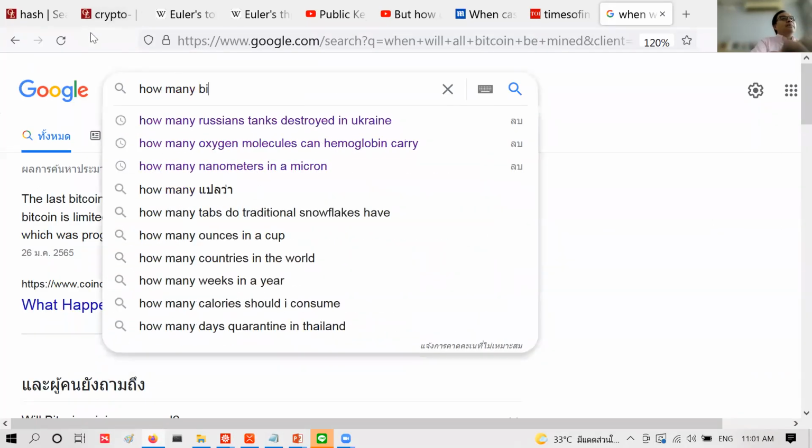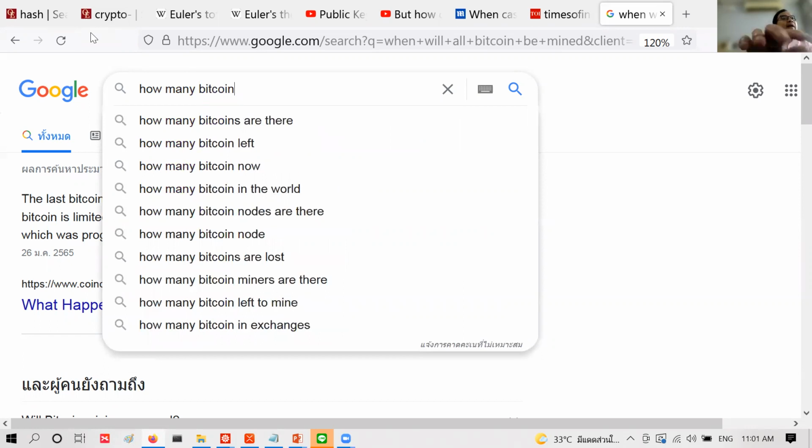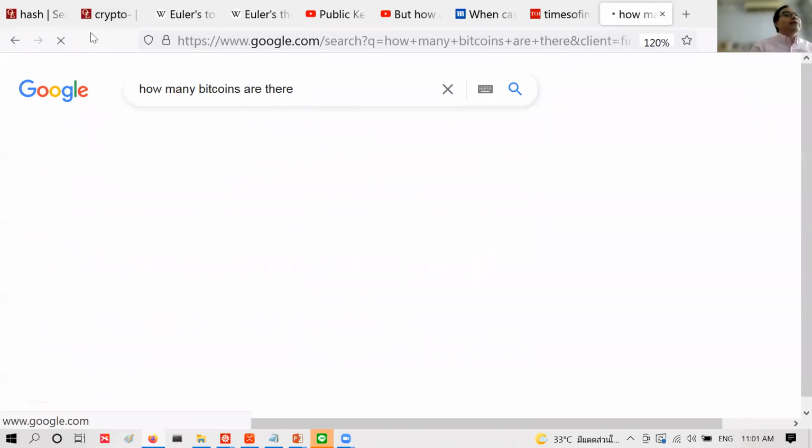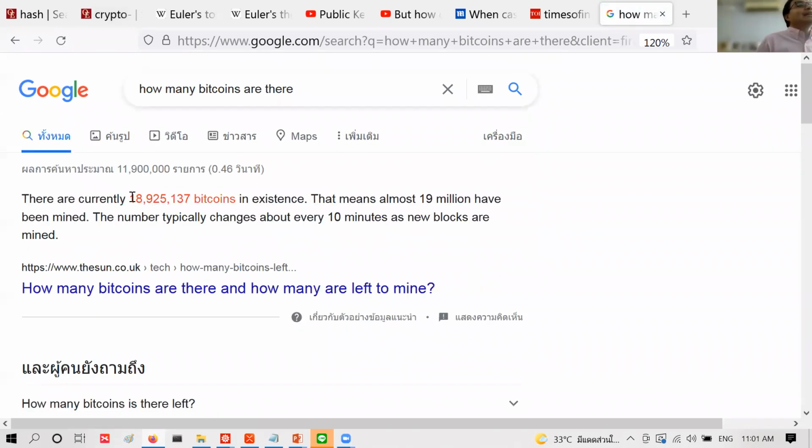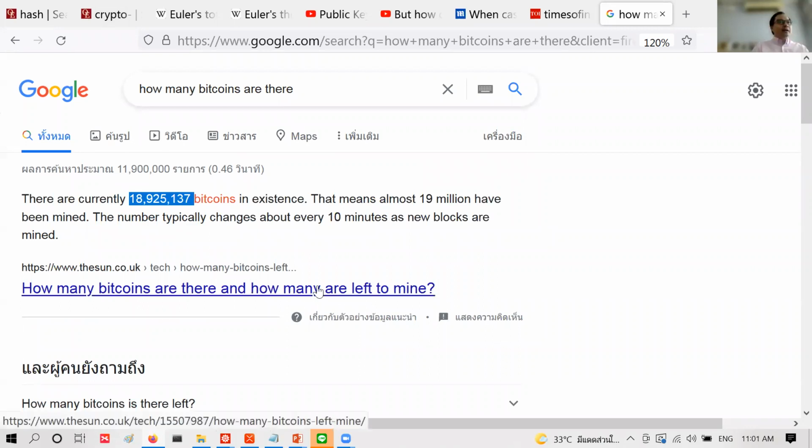How many Bitcoins are there right now? Right now there are 18 million, from the beginning, say 2008, to today, 2022. We only have about 3 million left hidden in the computational universe.